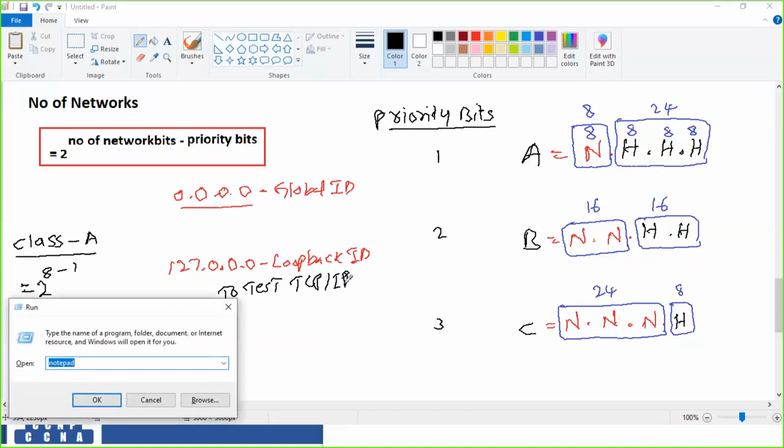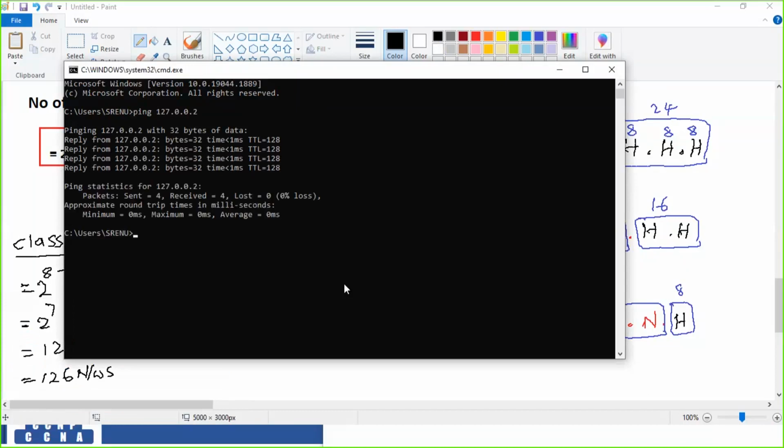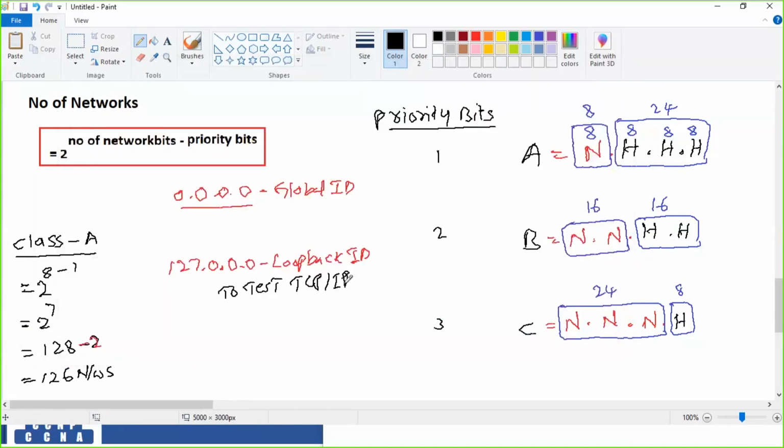People generally open the command prompt and use ping 127.0.0.1 or any such IP address. If it gets a reply, it means TCP/IP is working fine on your device. So to test TCP/IP, one network is reserved, which is 127. We call it loopback. So the 127 network and the 0 network cannot be used for computers.